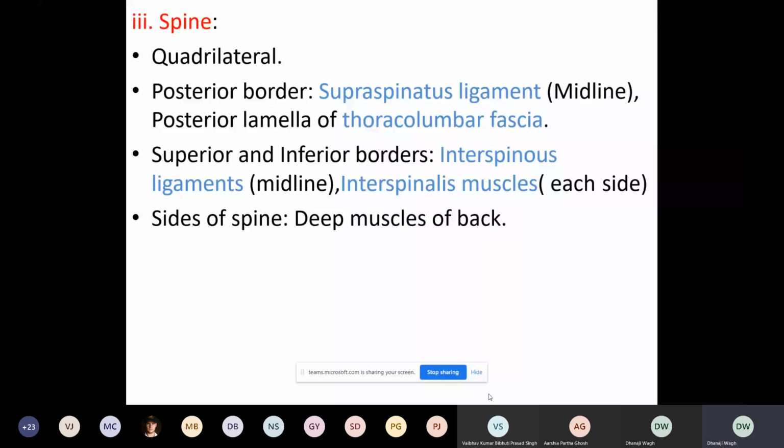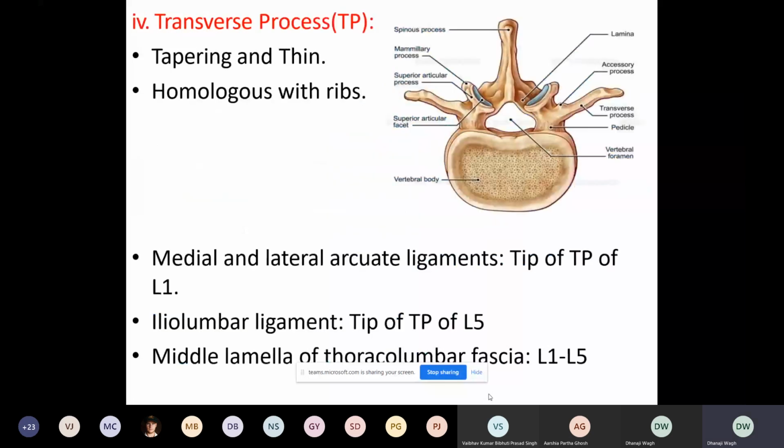Then what about this transverse process? It is a tapering and thin process, homologous with the ribs. The medial and lateral arcuate ligament is attached to the tip of the transverse process of L1.